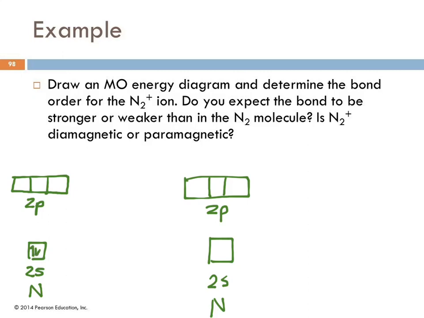So we're going to fill these in. 1, 2, 3, 4, 5. 1, 2, 3, 4, 5. But we're not doing N2. We're doing N2 plus. It means one of these atoms is short an electron. So I'm going to erase that last electron I put in and put a plus on this guy.